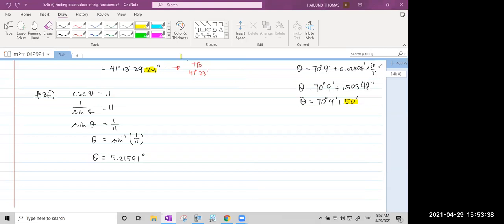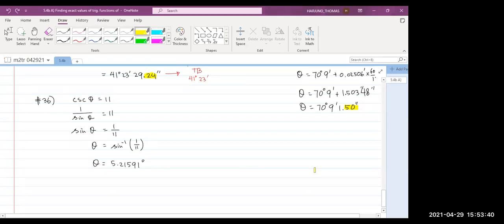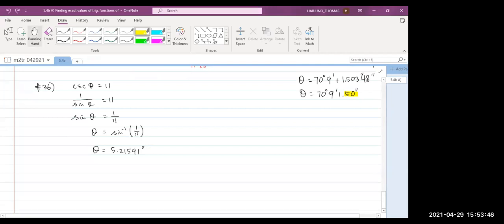Now, we will next do a more difficult part. Let me ask you to do this further. Number 38, D and E. Number 38D, that's cotangent of 1030.2 degrees.